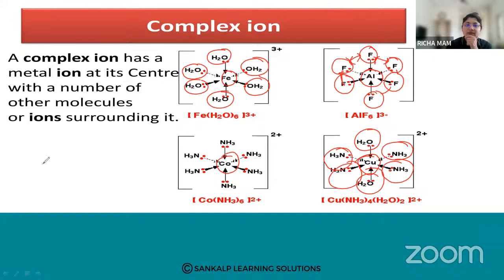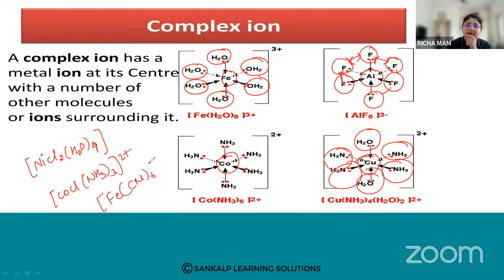Now in these complexes, can you tell me which is the central atom? I'll give you some complexes. You have to tell me which is the central atom. Ni. Okay, very good.